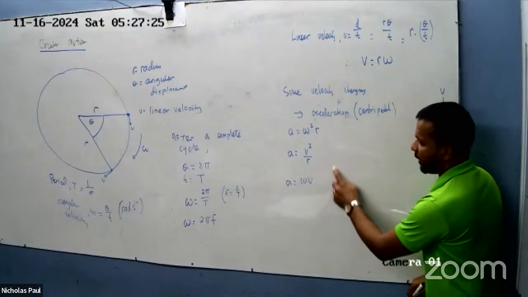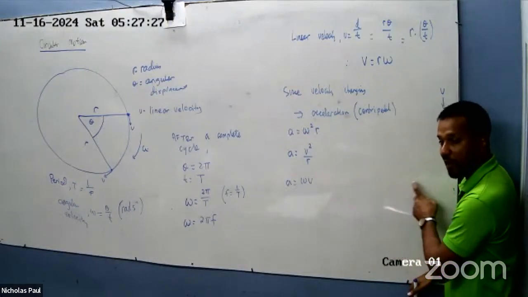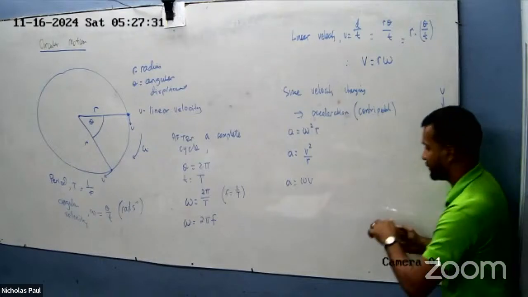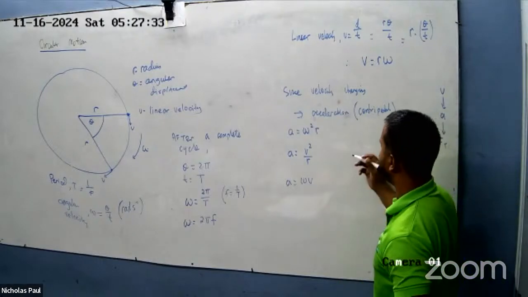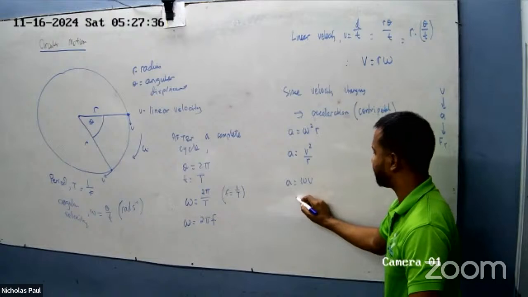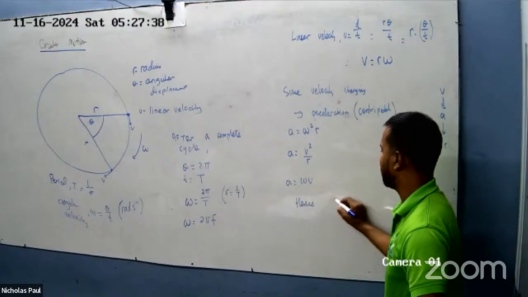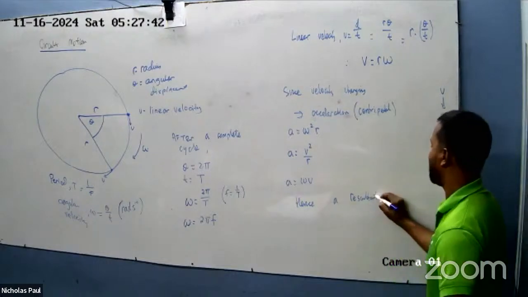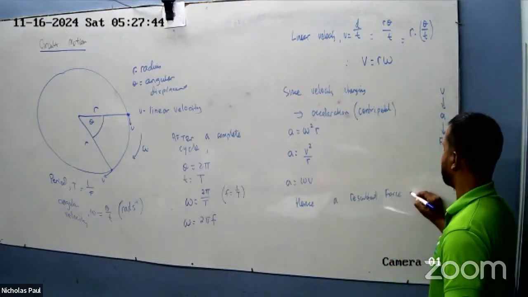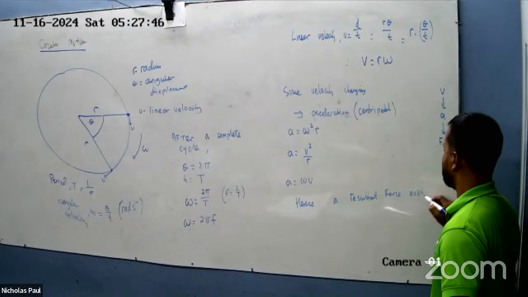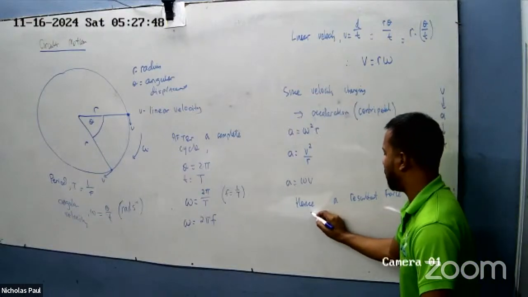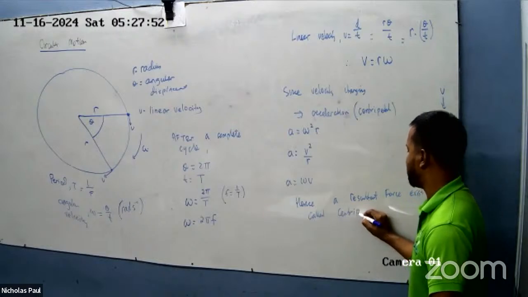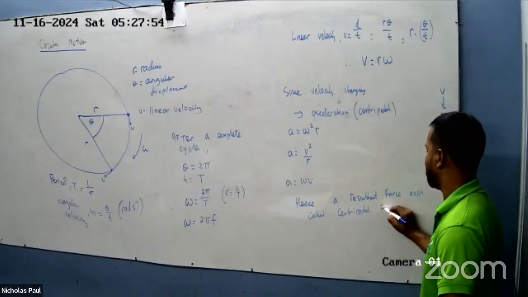And because the object has an acceleration, it should have a force, right? A resultant force, right? So hence a resultant force exists, right? And it's called your centripetal force.